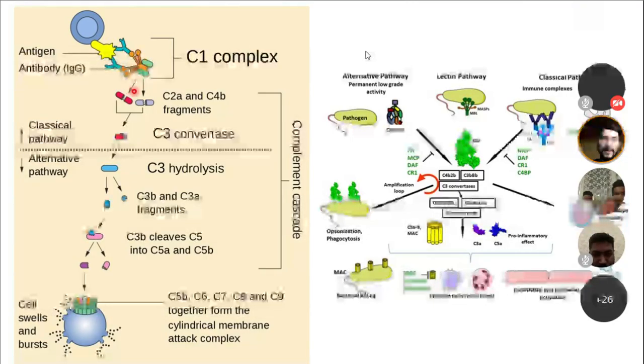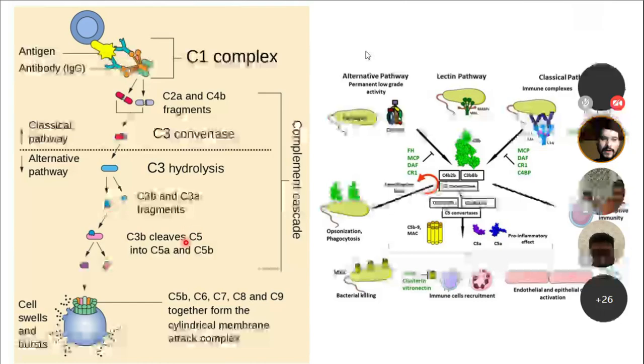So that's why the C3 protein goes under hydrolysis and creates C3b and C3a. The C3b fragment finds the protein.